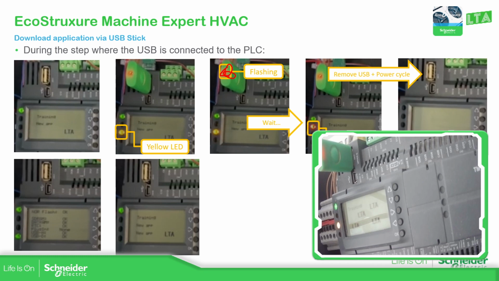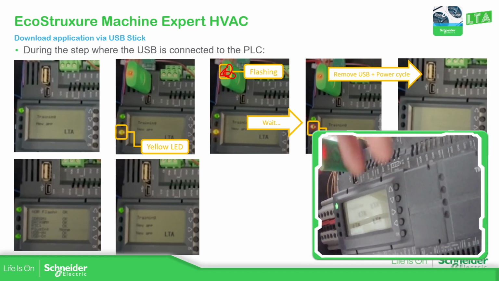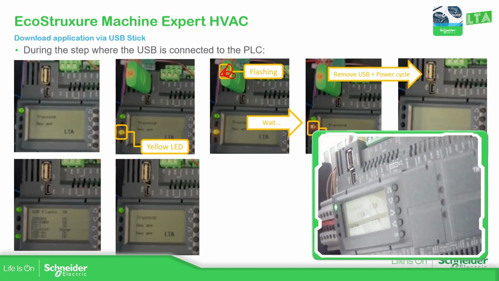Just wait. Has been finished. So now I can remove this. We need to power cycle the unit. Now we should be able to see one LTA image over there. Okay.